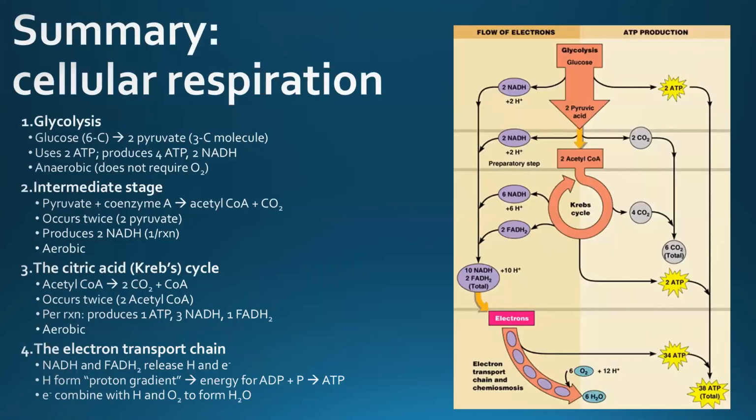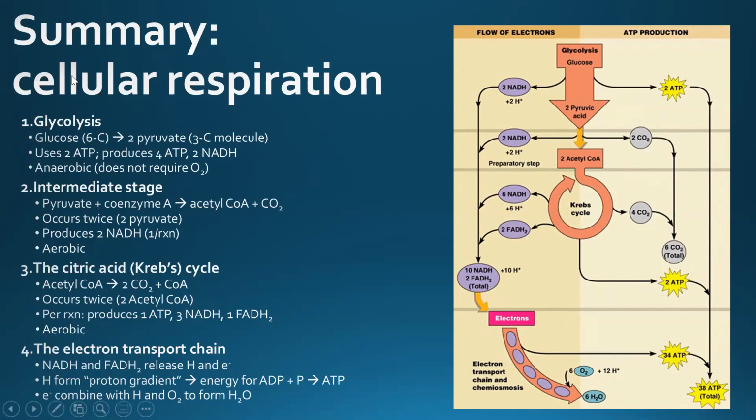So the summary of cellular respiration. The 4 stages: you have glycolysis, the intermediate stage, also known as pyruvate oxidation, the citric acid cycle or the Krebs cycle, and then the electron transport chain. So you can just go over that summary slide, and basically for each stage you have the production of different molecules. You start off with reactants, aka substrates, and you end up with products.